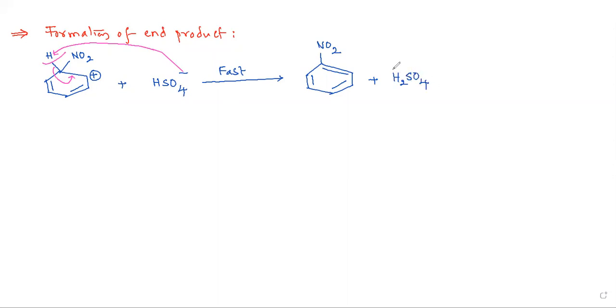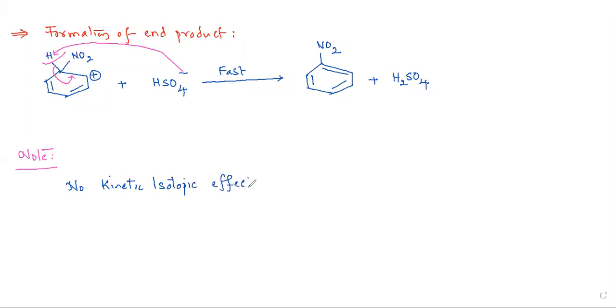Right? That's it. You got the final product, nitrobenzene. The important note here is, even here we don't have kinetic isotopic effect.